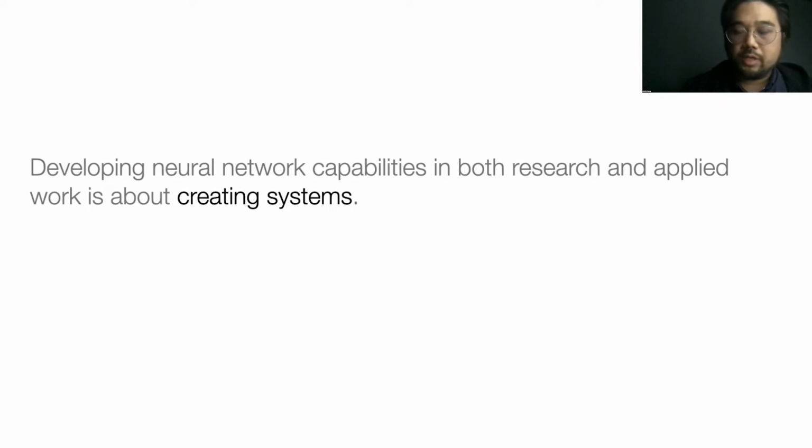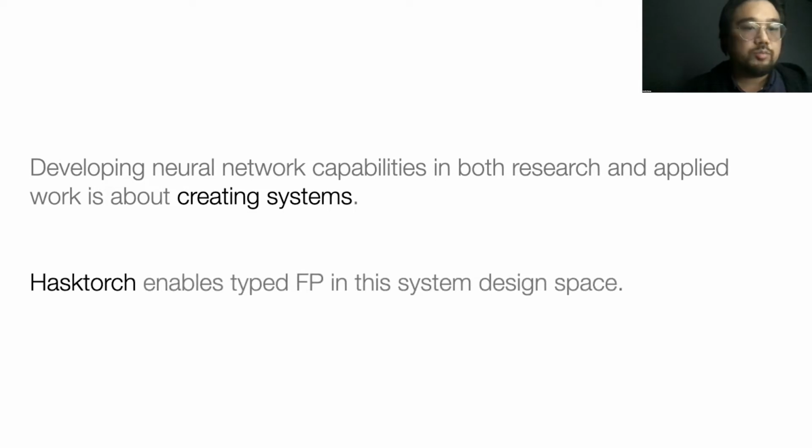And a lot of times when we talk about machine learning, we don't acknowledge this fact that at the bottom of everything we're doing, we're building systems using this differentiable programming approach. And Hasktorch's goal is really to enable typed functional programming in this system design space.